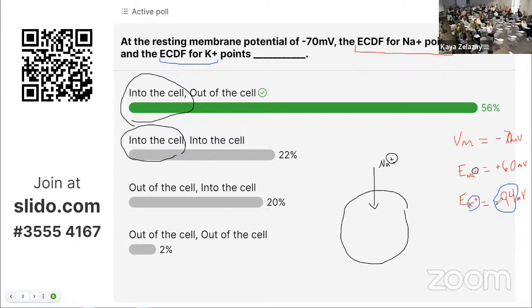It wants the inside of that cell to go to -94. So to do that, we're going to need to take some positives out of that cell, right? So as positive charges leave the cell, it gets more negative. Okay, so that is how we know that the electrochemical driving force for potassium is out of the cell.